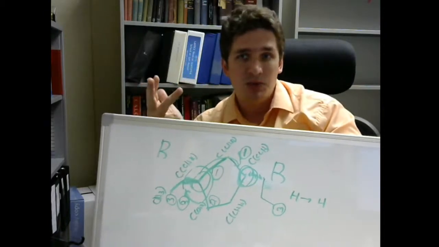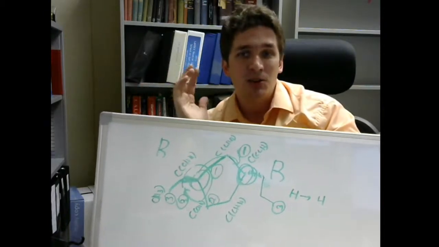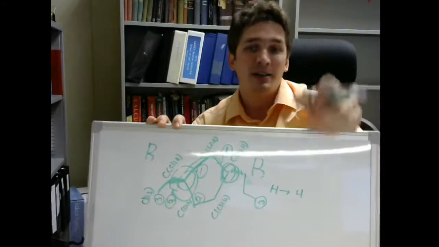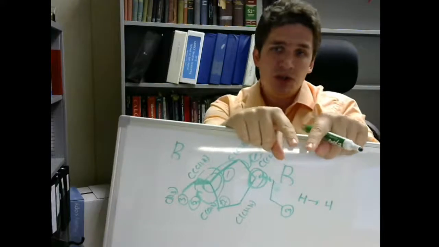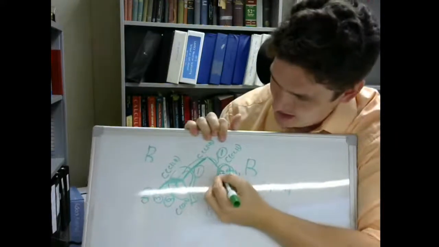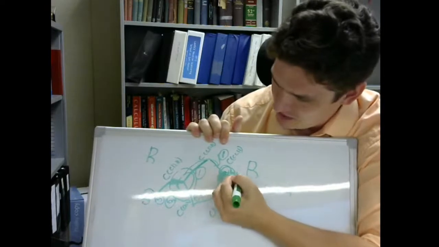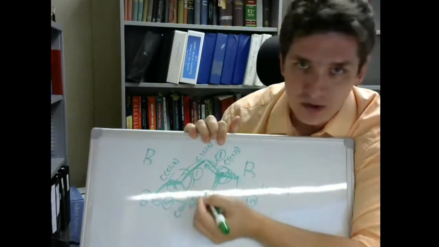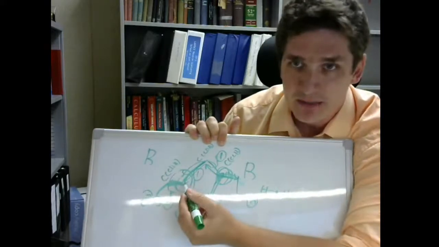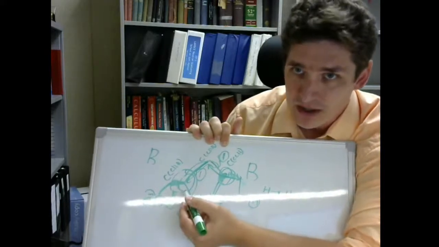Then a CH with 3 carbon bonds, and then a quaternary carbon, one that has 4 carbon bonds, would be the highest ranked. So what you do is start working your way away from the carbon you're looking at, and we look for the first point of difference. So they each connect to a CH2 group, doesn't do us anything. This connects to a methine group, 1 hydrogen, so it'll be the highest priority.